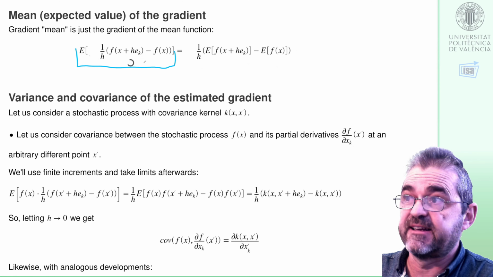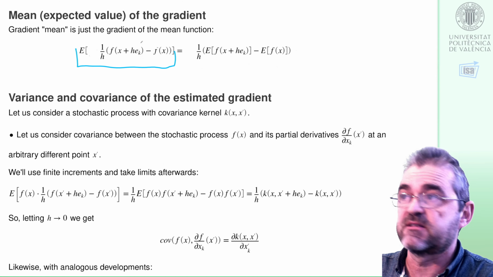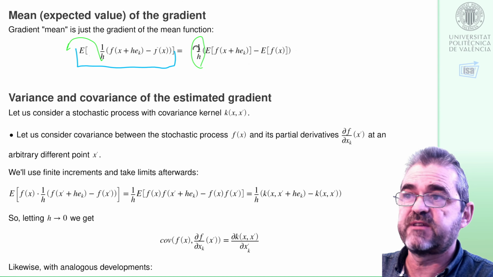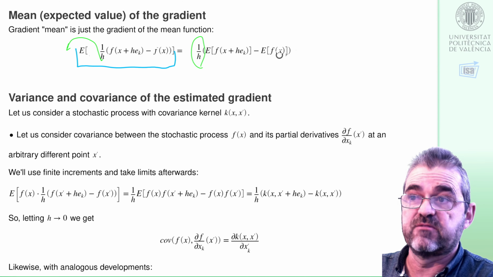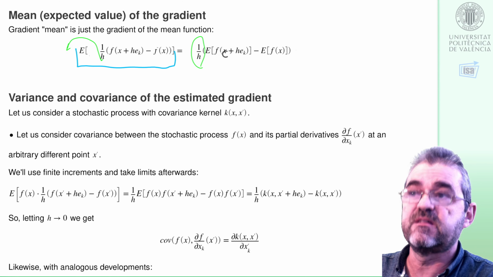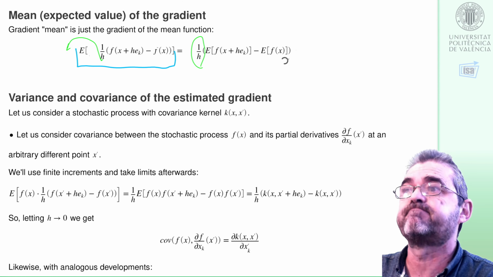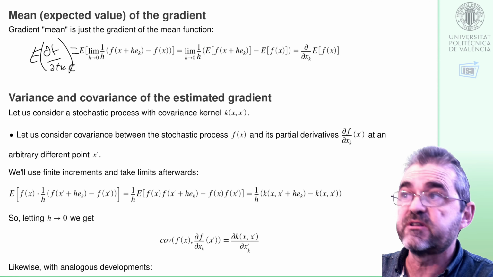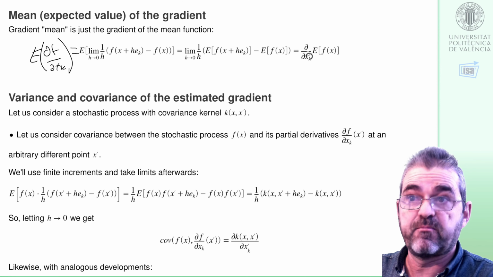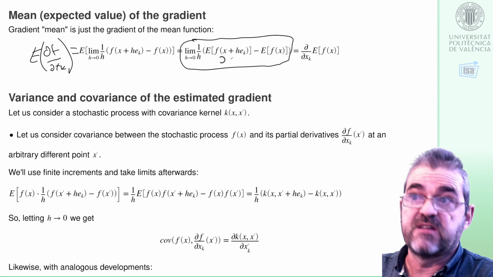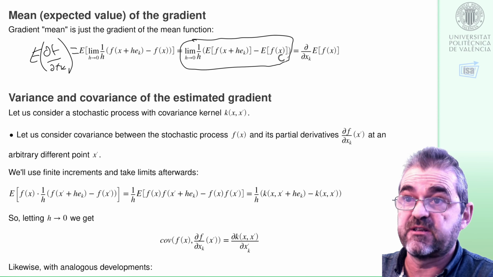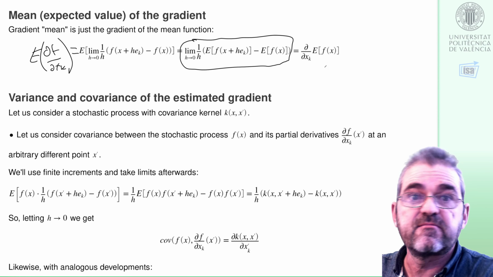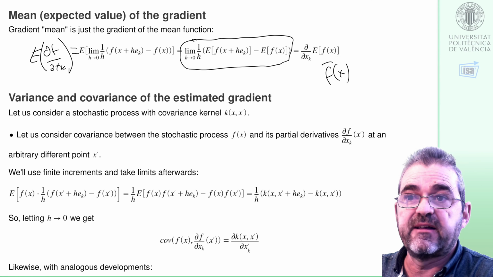Expectation is a linear operator, so constants can go out of the expectation, and then the expectation of the difference is the difference of the expectations. If we now take limits, then the expectation of the partial derivative is just the partial derivative of the expectation, so we assume that the mean value of the Gaussian process is a known function, f bar of x.